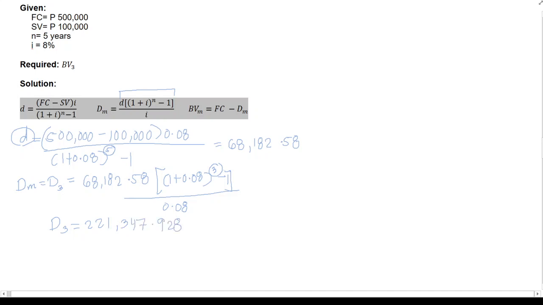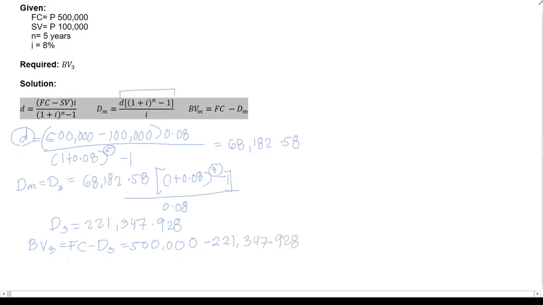Okay, so D3 there is equal to 221,347.928 pesos. Calculating the book value at the third year, that is equal already to the first cost minus the depreciation at the third year, that is equal to 500,000 minus 221,347.928.